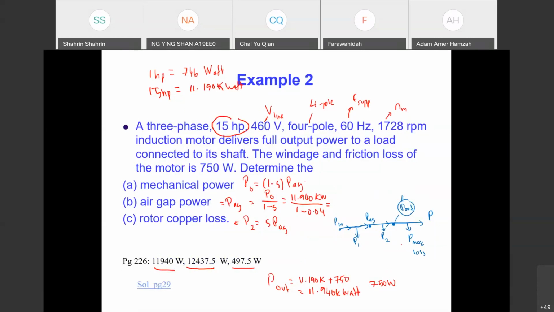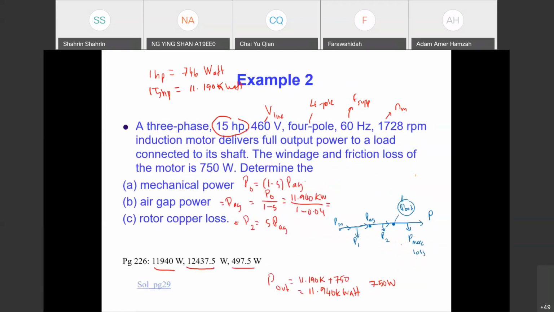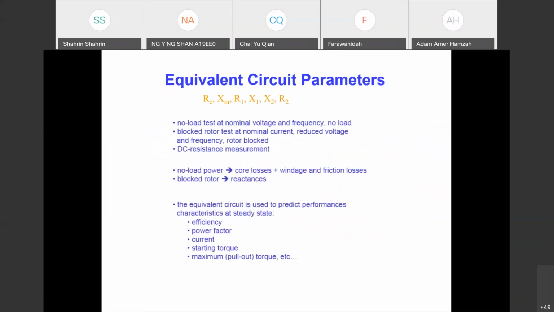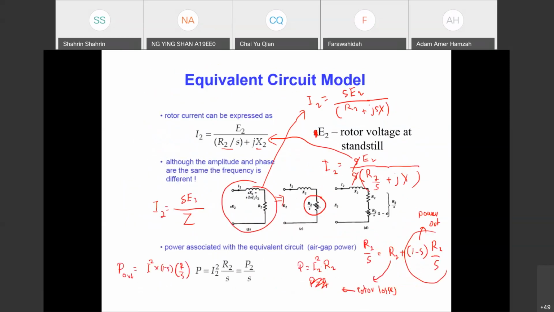But it's good for you to know about the equations and so on. So that's all for this class, and if there is no question, then we can dismiss. This is recorded and I will post it to you when it is available. Thank you very much.